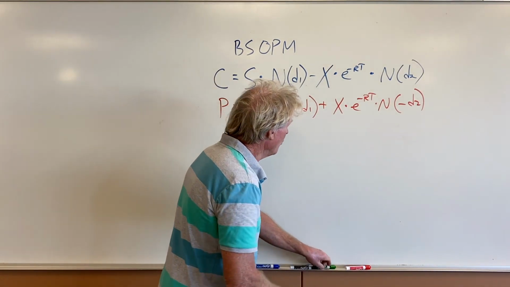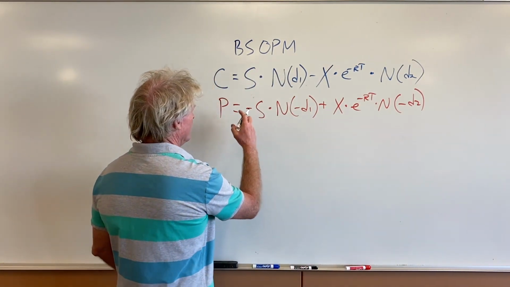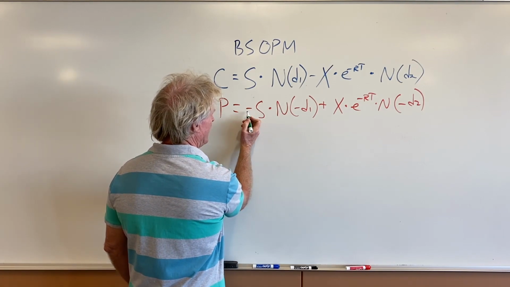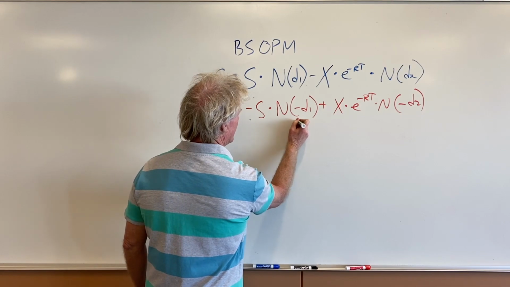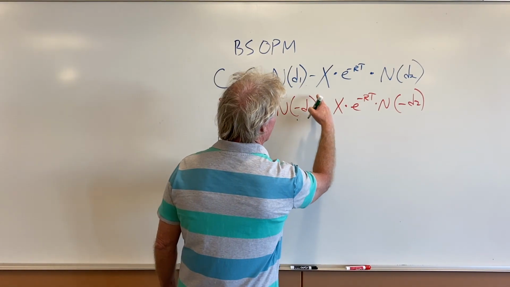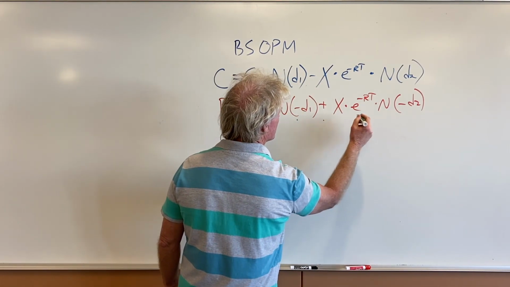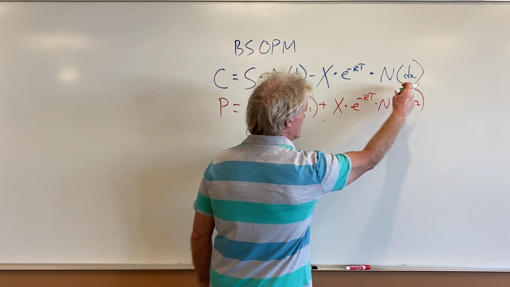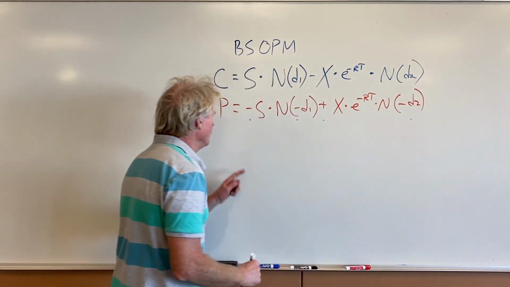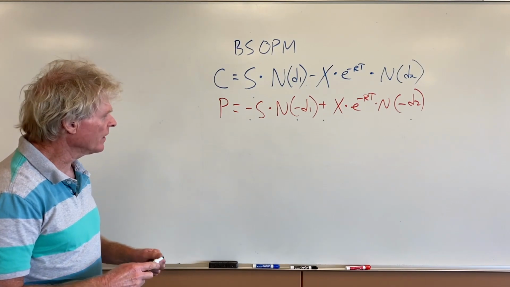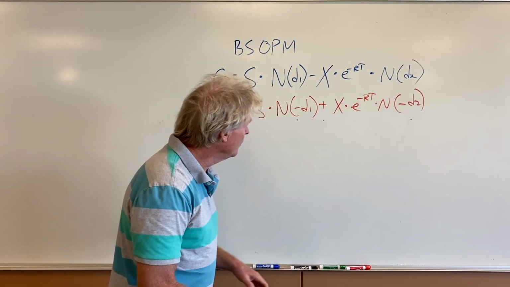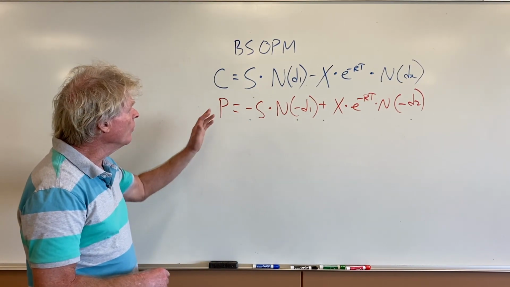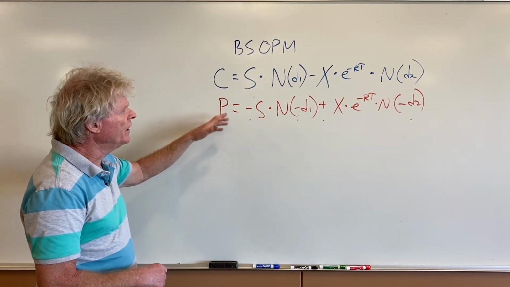There are 4 points of distinction, and that minus sign is 1. I'll put little dots down there. This minus sign is 2, differing from the call. This minus sign changes to a plus, and this d2 changes to minus d2. So little dots just indicate what the differences are. And so that's the Black-Scholes definition for equilibrium value for a call and for a put.